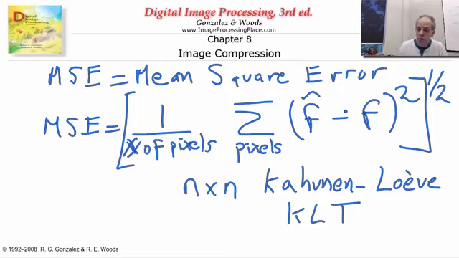I got the smallest possible mean square error I could have gotten with only one coefficient, just transmitting only one. If I want 3, I can do exactly the same. And the interesting part with the Karhunen-Loeve transform is not only that with 1 I get the best error, but actually that one is the first one.